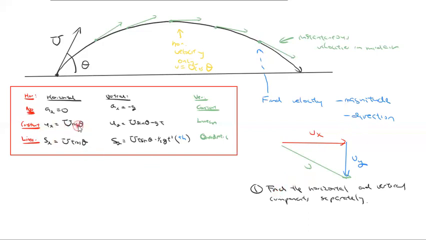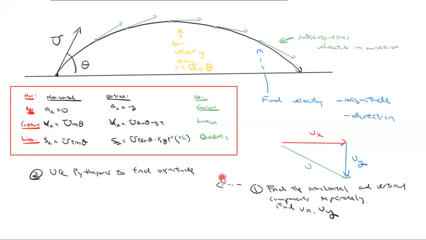We know the horizontal component never changes because it's constant, but we'll need to sub in the time to get the vertical velocity. So basically, we're finding Vx and Vy. Then for step 2, you use Pythagoras to find the magnitude.